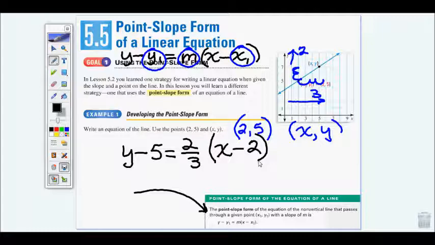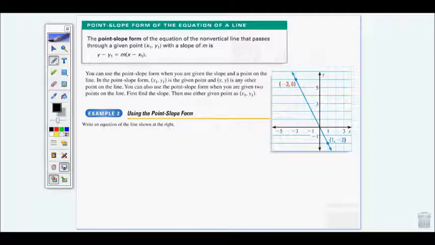Now, be careful, and I think the next one, probably just look in the book. Okay, so my next one, it says you can use the point slope form when you are given the slope and a point on the line. In the point slope form, x1 and y1 is the given point, and x, y is any other point on that line.